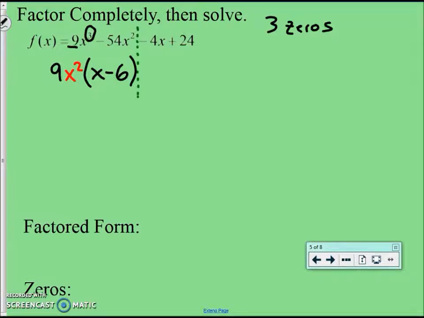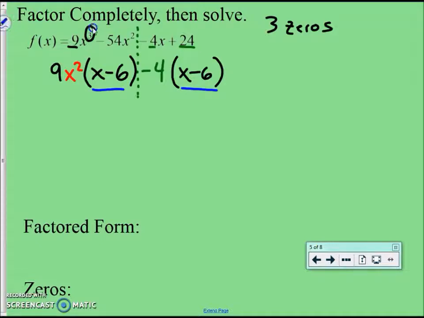I'm then going to anticipate on this side that x minus 6 is going to be the term in parentheses. Now I can't just assume that. It should be a safe bet because this should match this. Let's go see if it's correct. Now looking at 4 and 24, my GCF here should be -4. -4 times x would give me -4x, and -4 times -6 would give me positive 24.